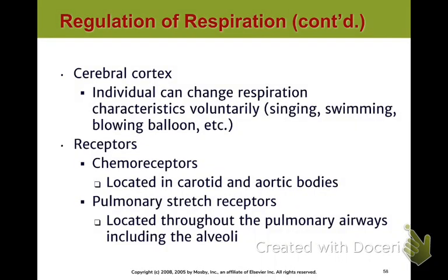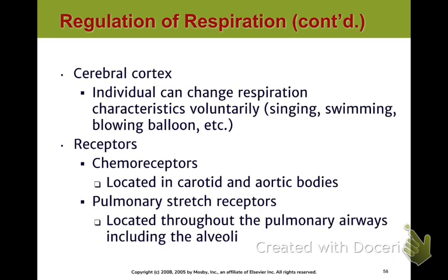In addition, you have your cerebral cortex. Those are your higher brain centers, right? That's your upper brain, your mammalian brain. And this is where we can decide, hey, I need to yell really loud, so I need to take a deep breath. Or I'm singing, or I need to hold my breath because I'm swimming. Or I want to blow really hard because I'm going to blow up a balloon or blow out some birthday candles. That's where we regulate those things by our cerebral cortex.